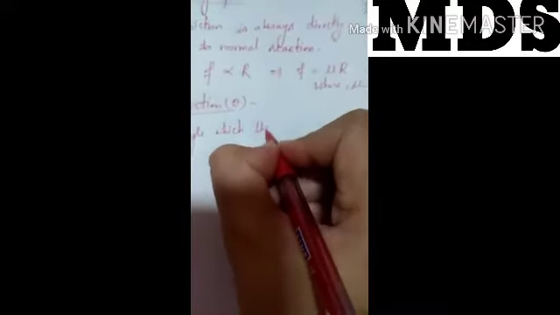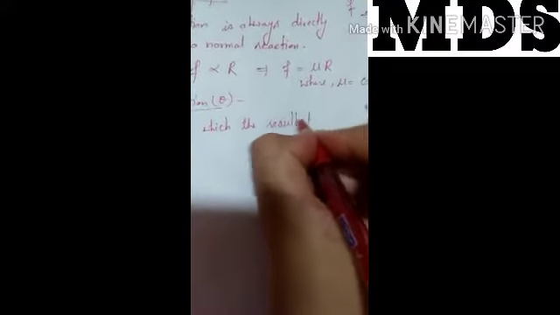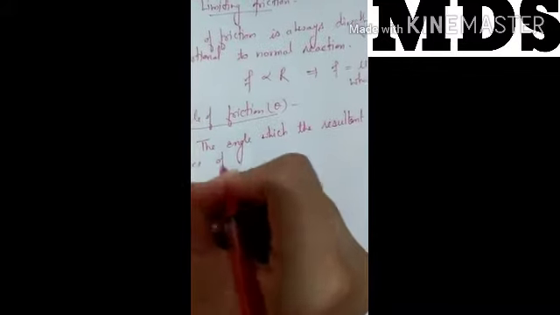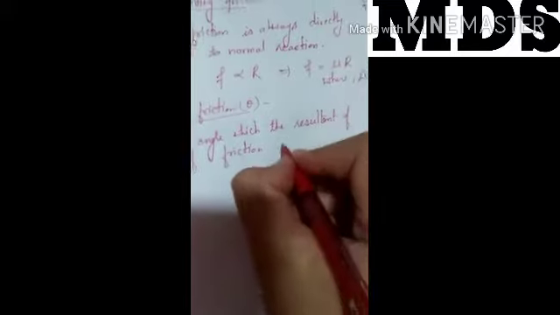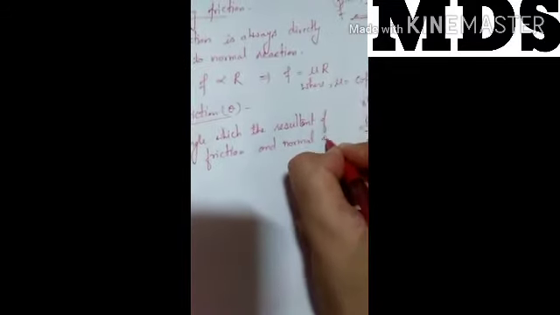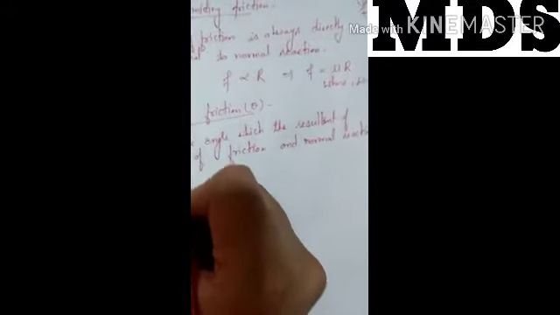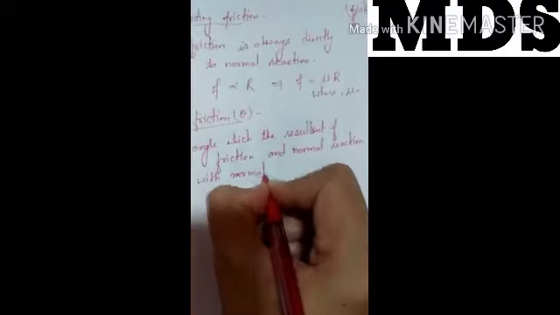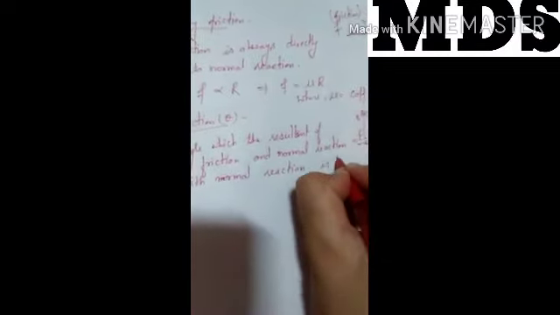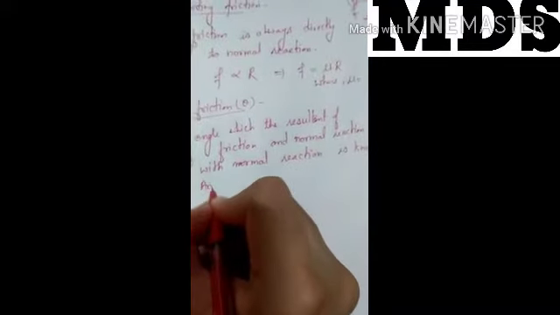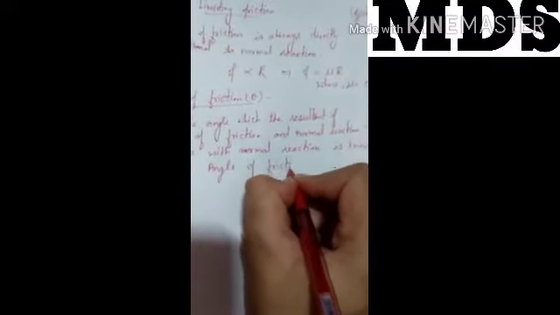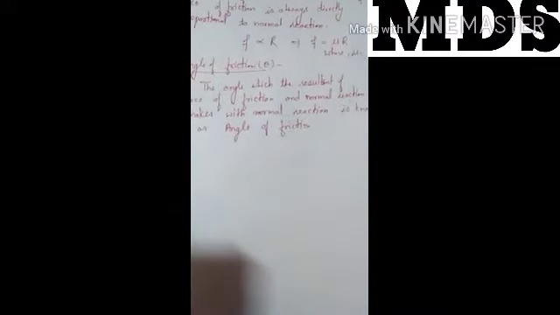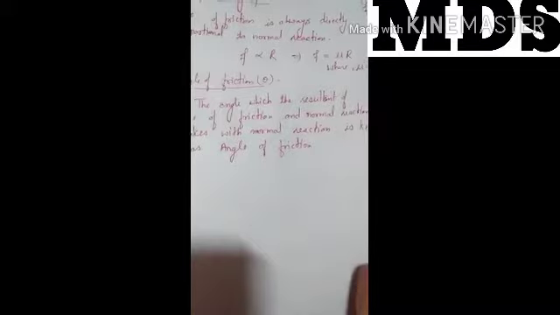The angle which the resultant of the force of friction and normal reaction makes with the normal reaction is known as the angle of friction. Clear? How can we find it?